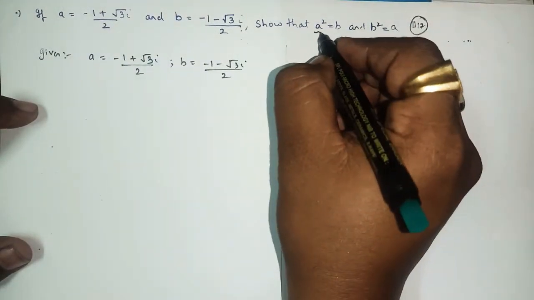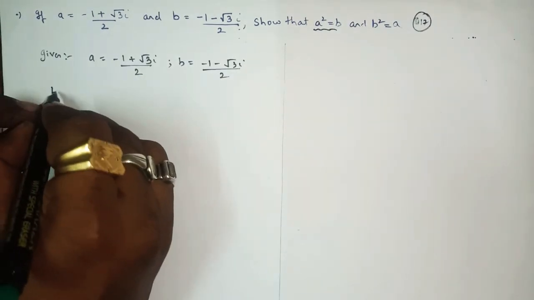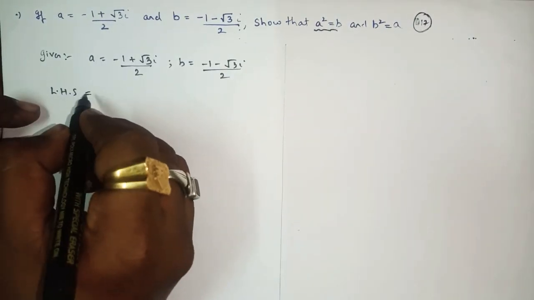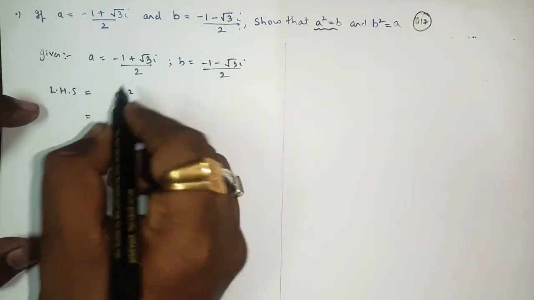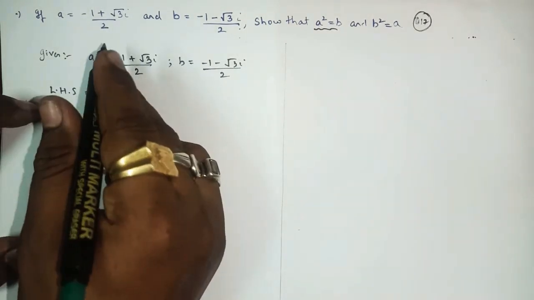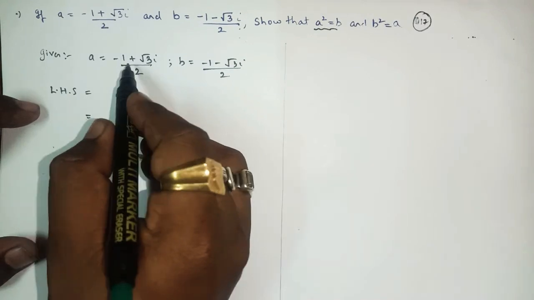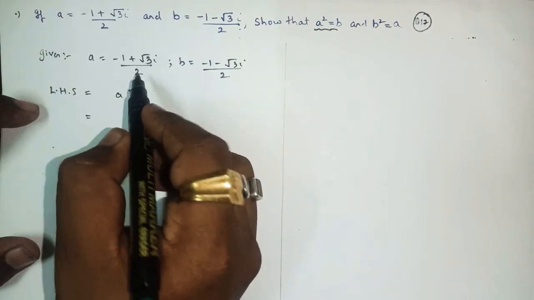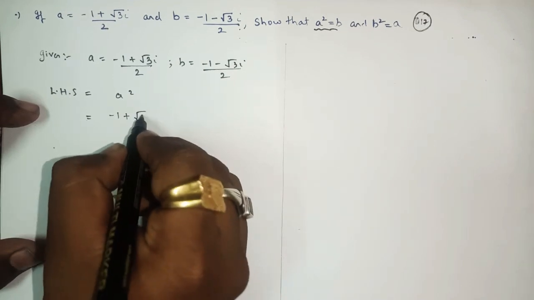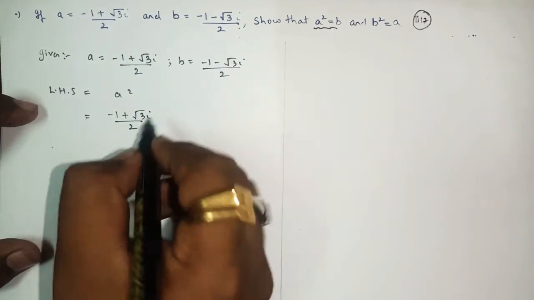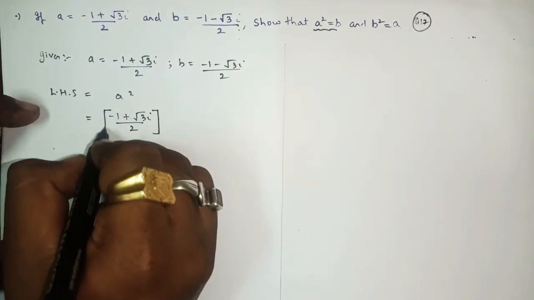So first we'll see this part. We'll take the left hand side. What is the left hand side? It is a square. What is the value of a given in the sum? It is (-1 + √3 i)/2. So we'll write ((-1 + √3 i)/2) the whole square.